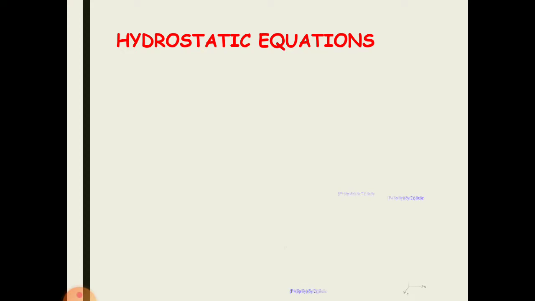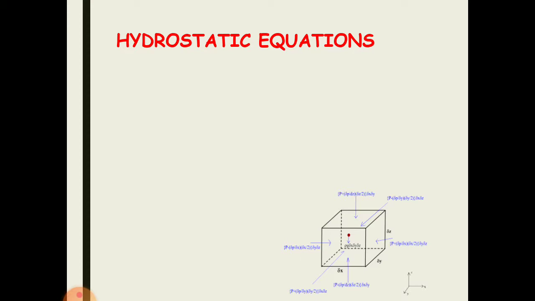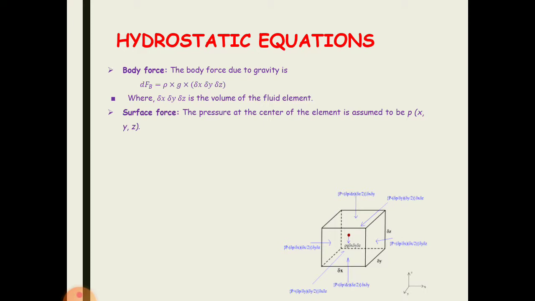The hydrostatic equation is an expression which represents the pressure field at any point within a static fluid. Consider a fluid element of rectangular parallelepiped shape within a static fluid region as shown in this figure. This element is subjected to two forces.